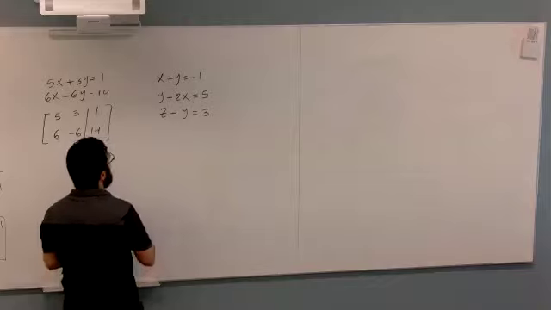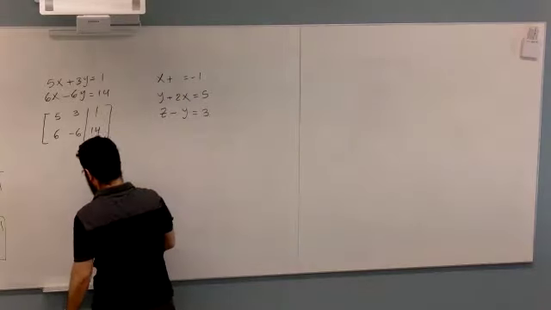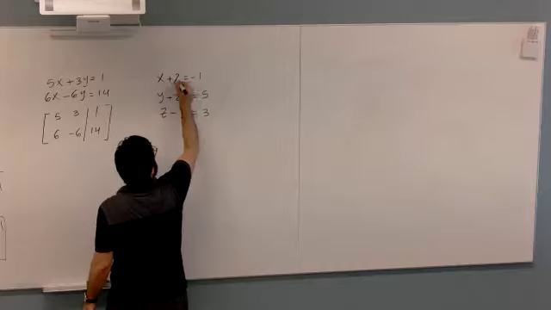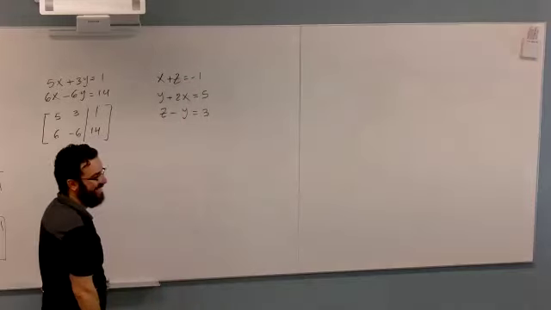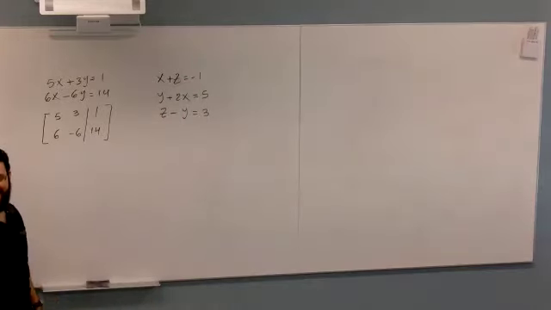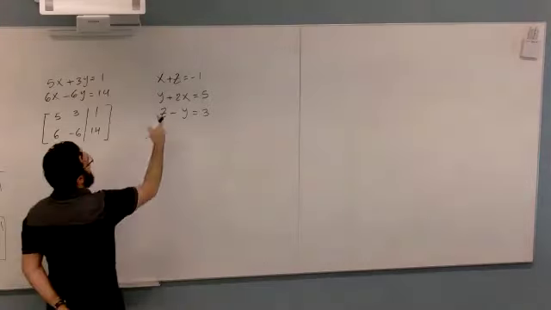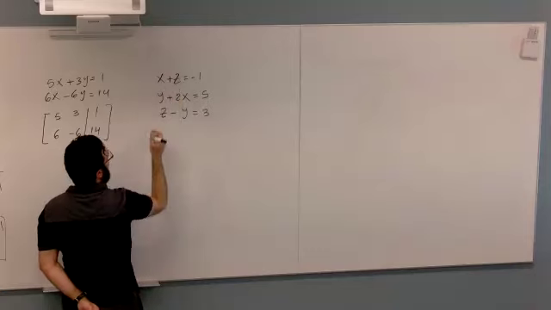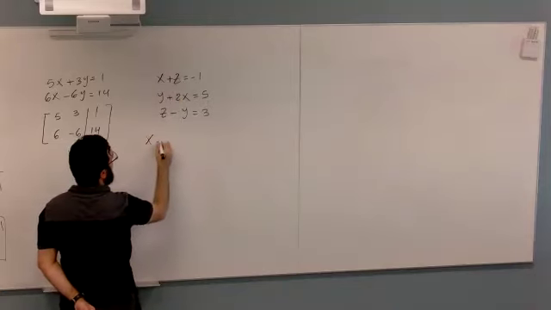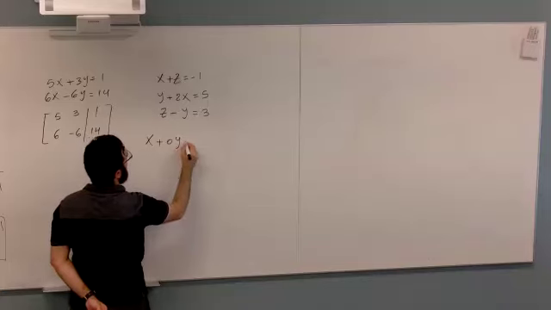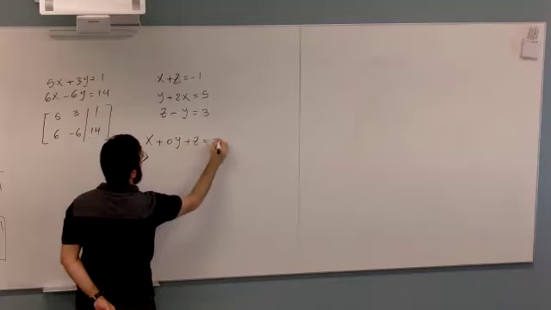Okay, let's change it. This is really x plus z. Anyway, so x plus z. How much is the y here? That means x plus 0y plus z equal negative 1.